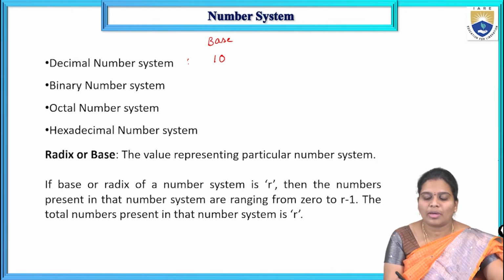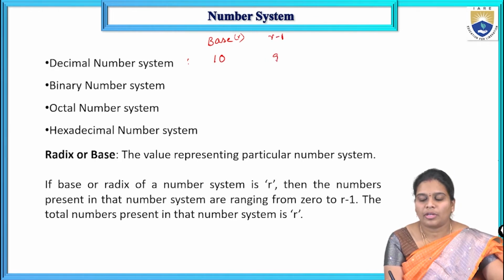If the base or radix value is denoted as R, the maximum value of the number system is R minus 1. The base value is 10, and 10 minus 1 is 9. So the maximum value of the decimal number system is 9.